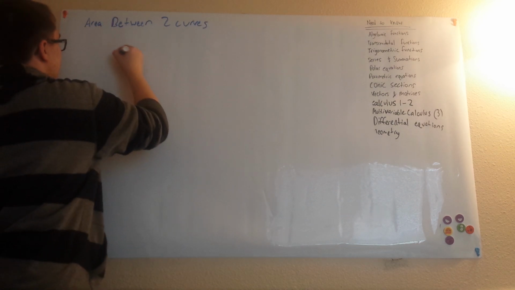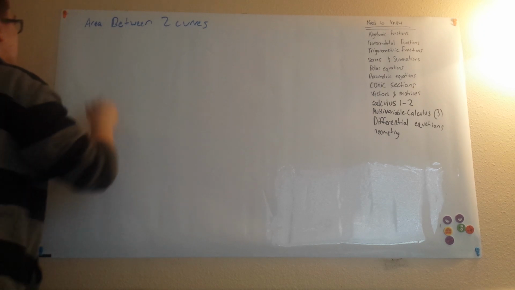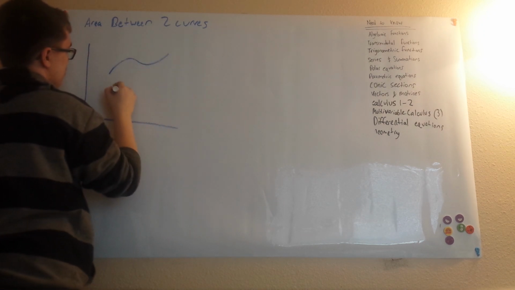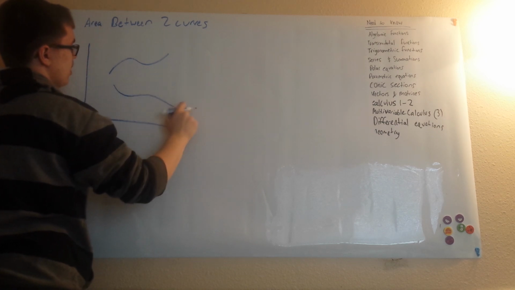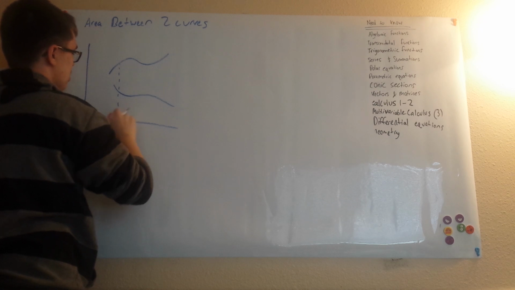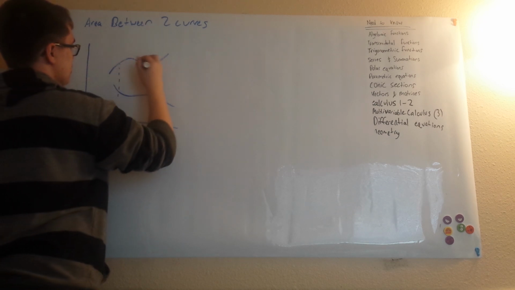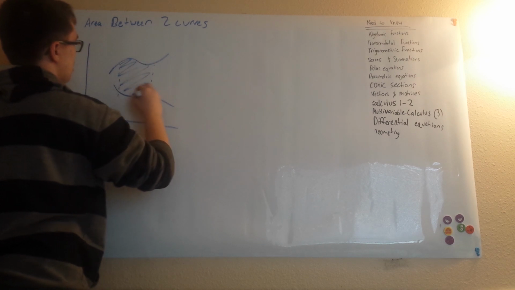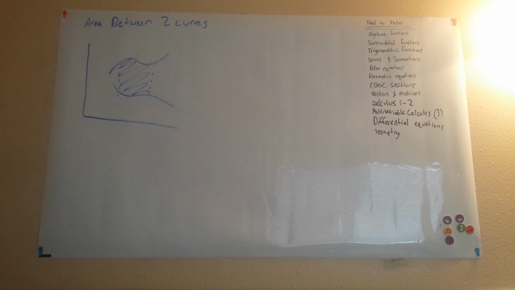So what does that look like? Well, I'll show you an example. If we had this curve and we had that curve, and we wanted to find the area on this interval, we would have this area between two curves, right?